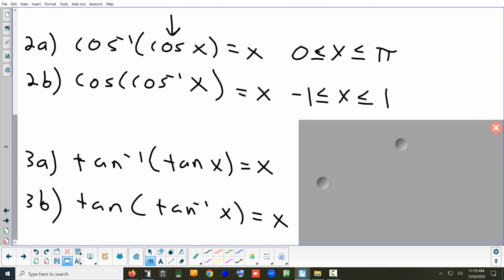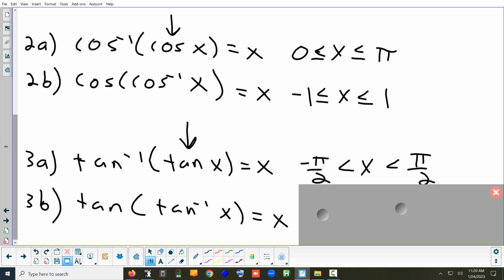All right. Inverse tangent, regular tangent, cancel each other out. What's the domain that we restricted tangent to so the inverse was a function? What's the domain that we restricted the original tangent to? Including or not including? Not including.